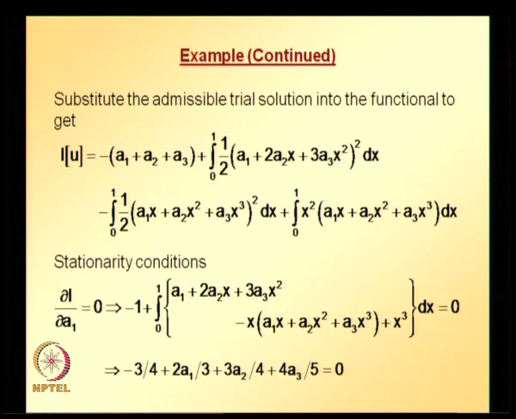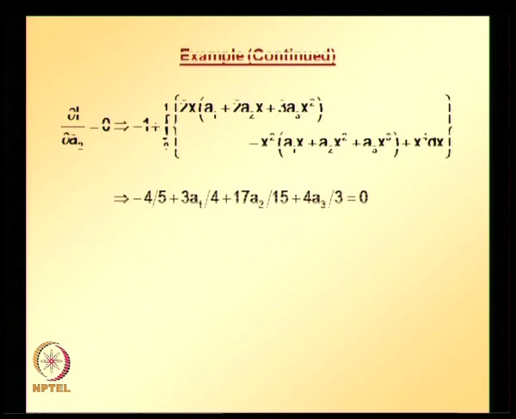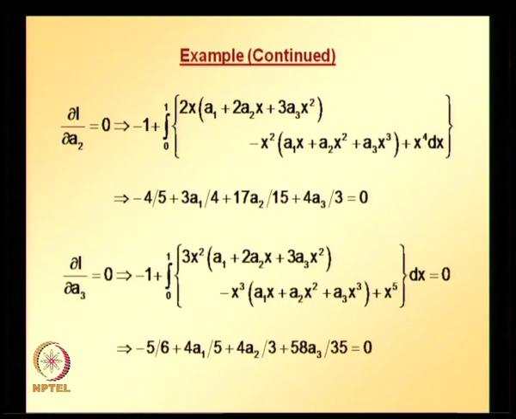Similarly you apply the other conditions, partial derivative of I with respect to a2 is equal to 0, you get the second equation, and there are 3 coefficients, unknown coefficients to be determined. So we require 3 equations. Okay, you get the third equation by applying the third condition. So now you have the required number of equations for solving the 3 unknown coefficients.